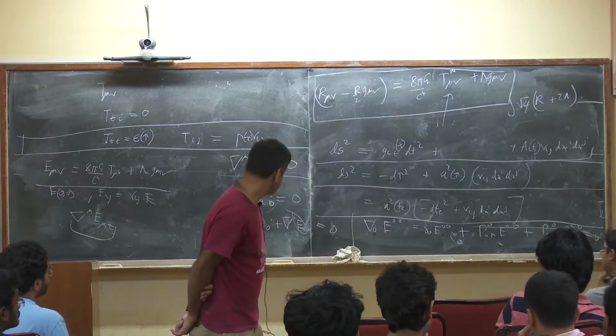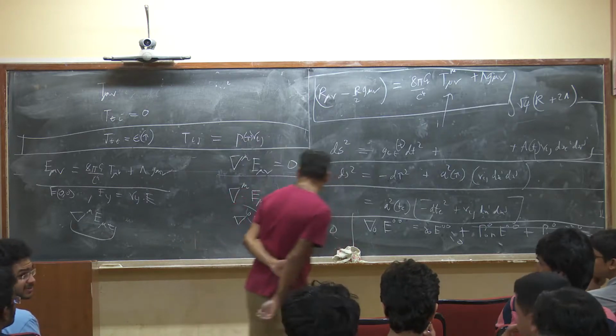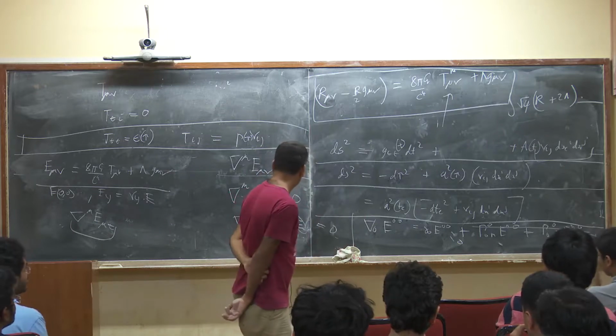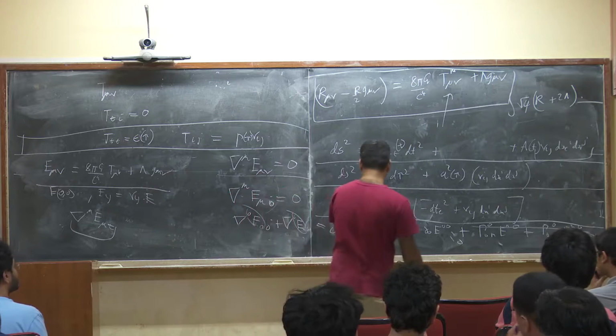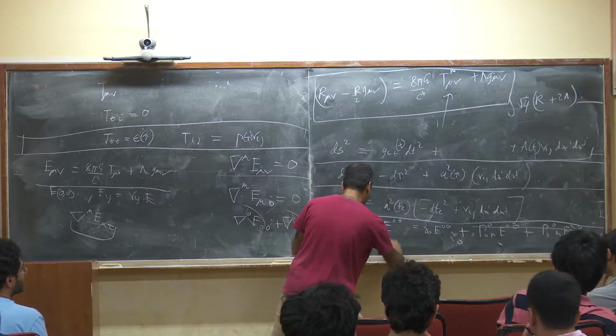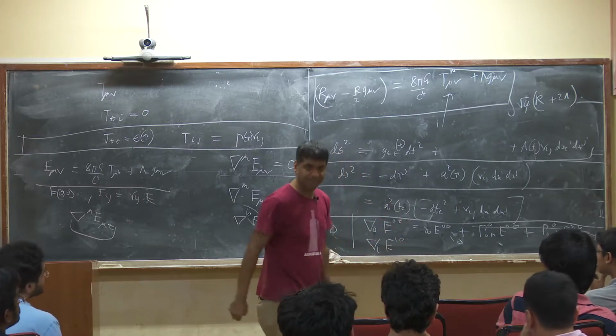Del I EI0. So is that 0? Where? Del I EI0. You're right, but his question was what about the Christoffel symbol?